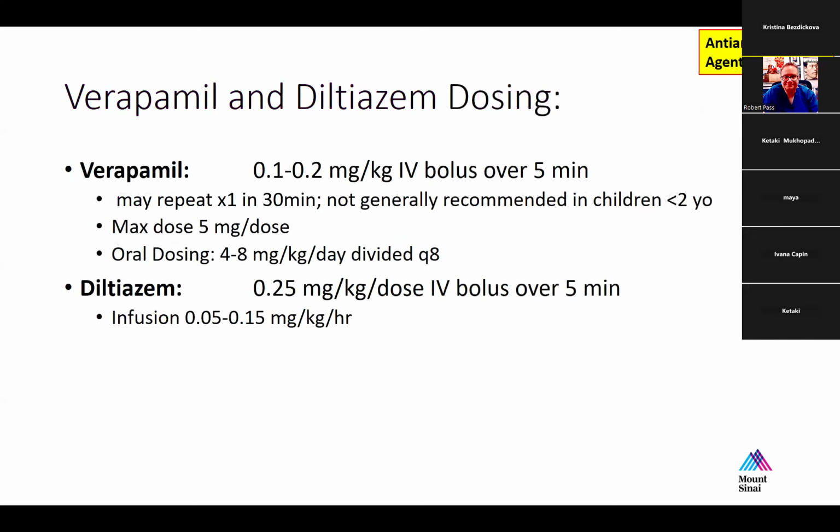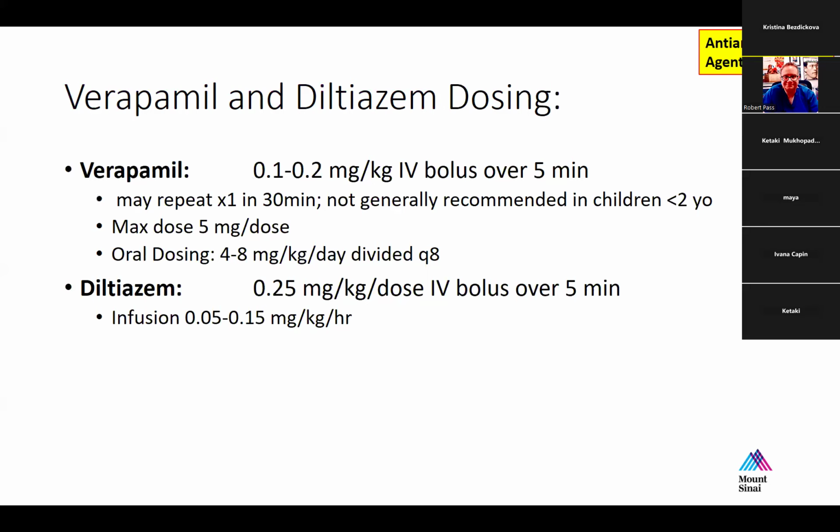Okay, so verapamil in IV form is given as 0.1 to 0.2 milligram per kilo IV over 5 minutes. Quite frankly, I would recommend giving it even slower. You can repeat it in 30 minutes, and importantly, it's generally not recommended in children who are less than 2 years of age.